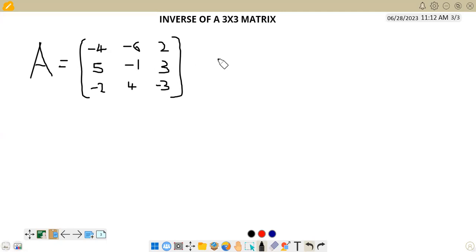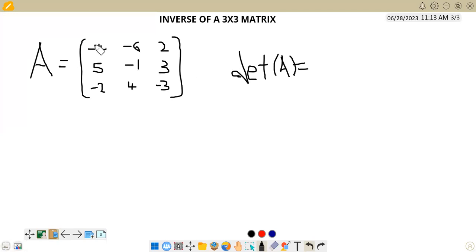So to begin with, we need to find the determinant of matrix A. That's the first process. We need to find the determinant of matrix A. So the determinant of matrix A is the same way we're finding the determinant of a matrix of 3 by 3.